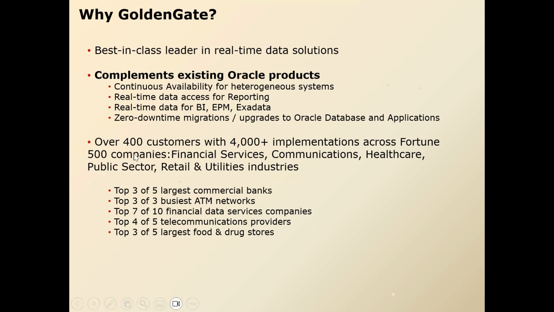It complements existing Oracle products, ensuring continuous availability for heterogeneous systems and real-time data access for reporting. So you can use your target database for reporting purposes as well. Many organizations just do Golden Gate replication and use the target database for reporting.